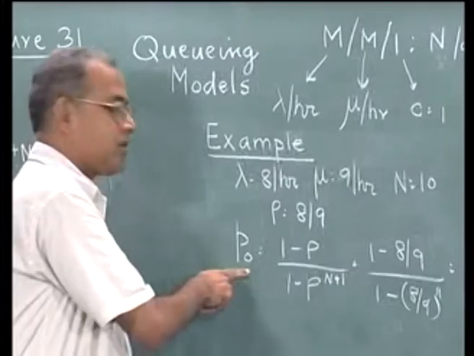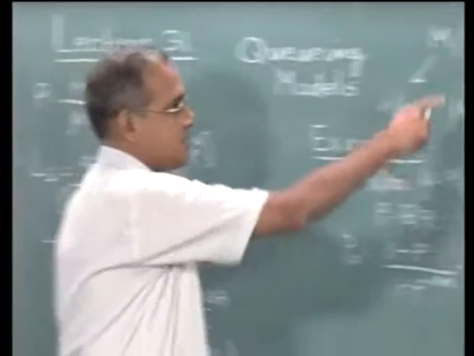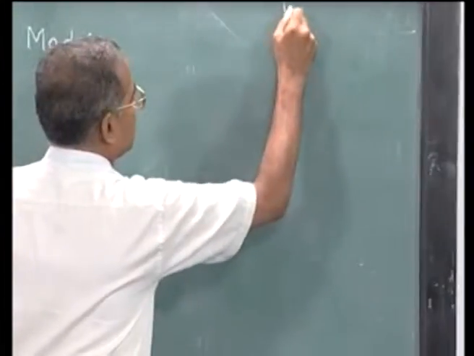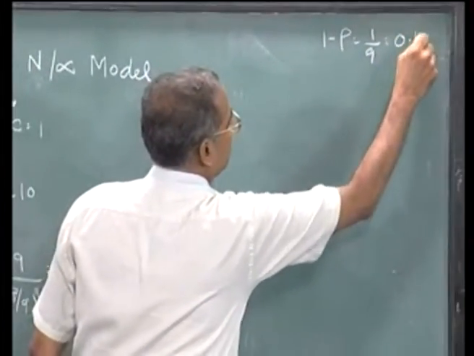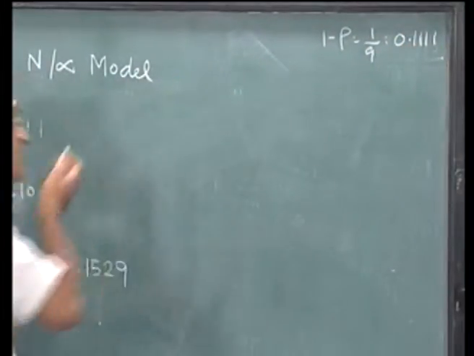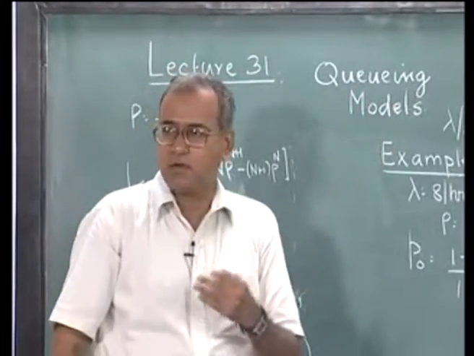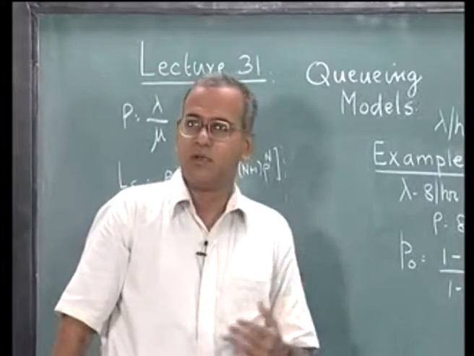If we compare with what happened to P naught in the earlier model, where N was infinity, P naught was 1 minus rho. So, 1 minus rho was 1 by 9, which is 0.1111, which means about 11.1% of the times the server was free. Now, 15% of the times the server is free.